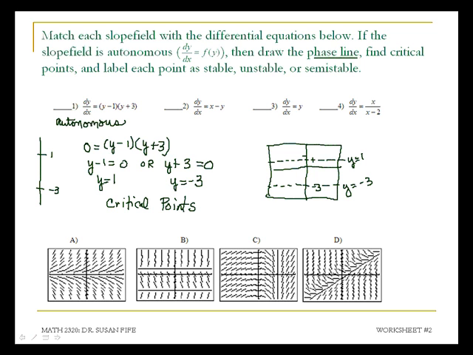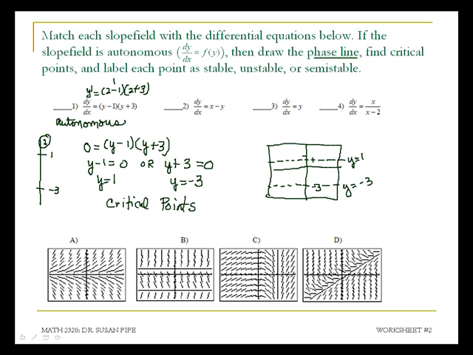So we can go back to this equation, 0 equals (y minus 1) times (y plus 3), and select a test value. In my first region, a test value above 1. I'm going to choose a test value of 2, and when I test 2, I'm going to get my derivative is equal to (2 minus 1) times (2 plus 3), and really all we're looking for is positive or negative.